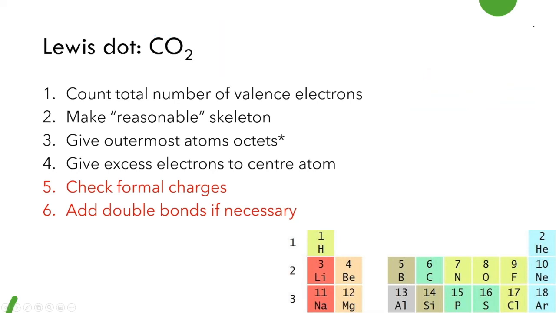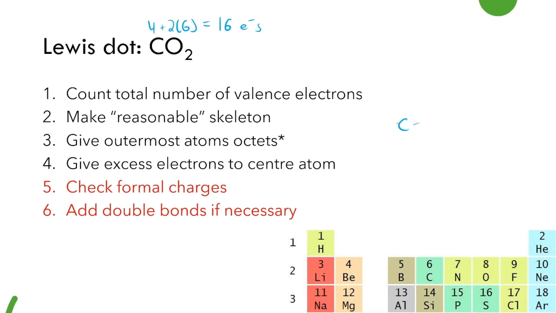We have one final example now. This is CO2. Try giving this one a go, and then we'll go through it relatively quickly. All right, let's go through this. Total number of valence electrons, we're going to have 4 plus 2 times 6, giving us 16 total electrons.